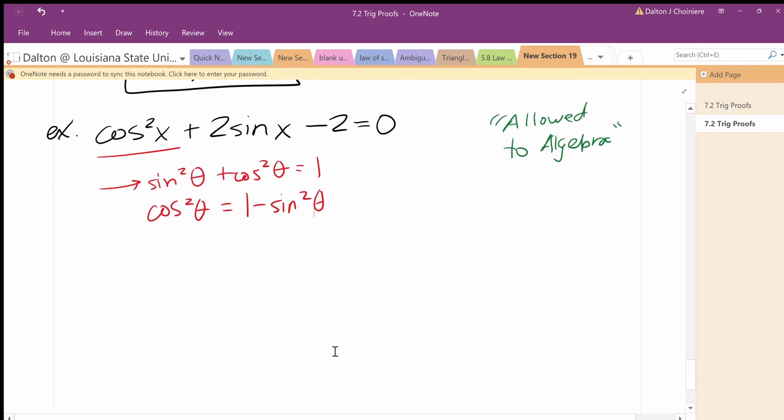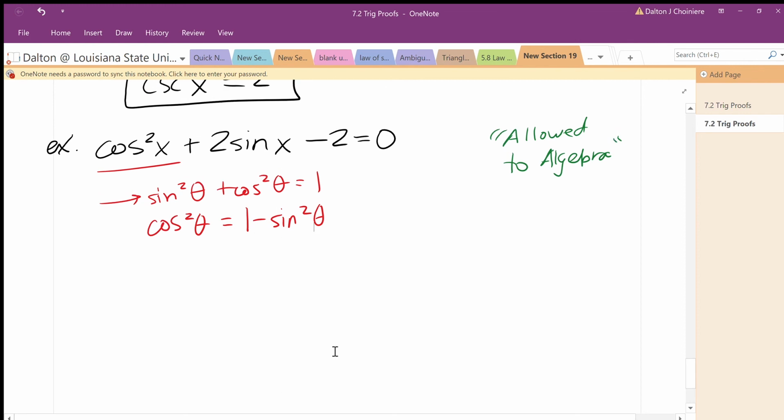Was that what you were thinking? Okay, well that cosine squared can be written as something else. So instead of that cosine squared, let's go ahead and write 1 minus sine squared theta. And then let's copy everything else.